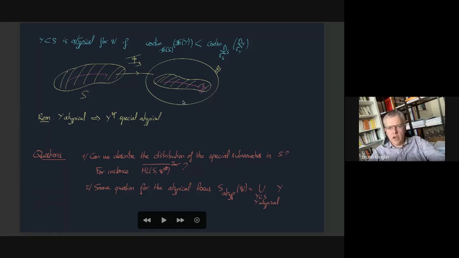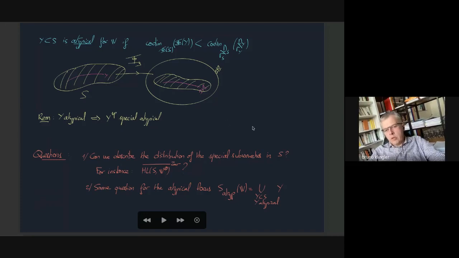On my picture, I made an extreme case where Dy mod gamma y was in fact contained in the image of S. So, of course, the idea is that such atypical intersections should be rather rare, and so there should be rather few atypical special subvarieties.